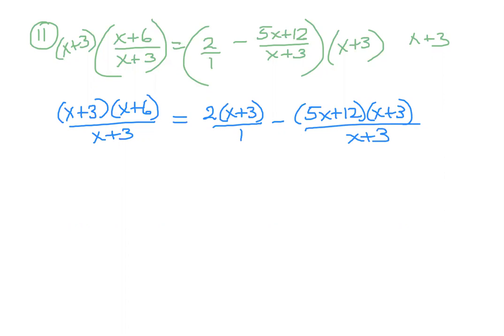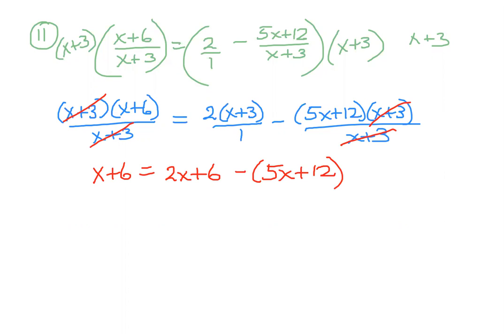Don't FOIL them out because look, things are going to cancel. This becomes x plus 6. This just becomes, I'm going to distribute it, 2x plus 6. And this becomes this. Don't forget that this negative has to go to both of those. So we get x plus 6 equals 2x plus 6 minus 5x minus 12.